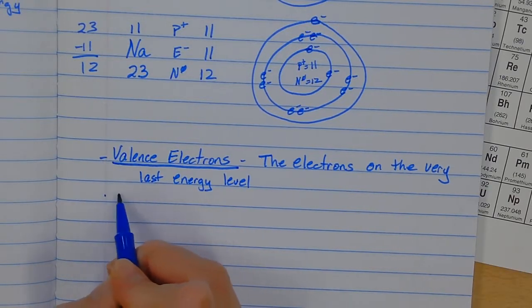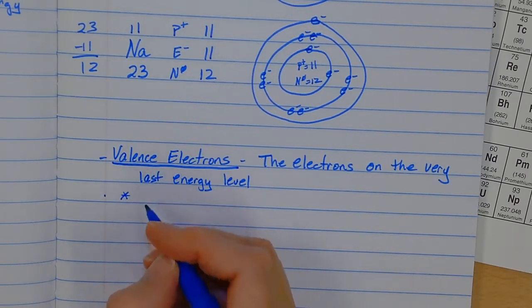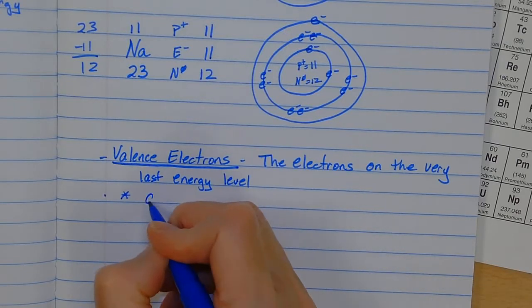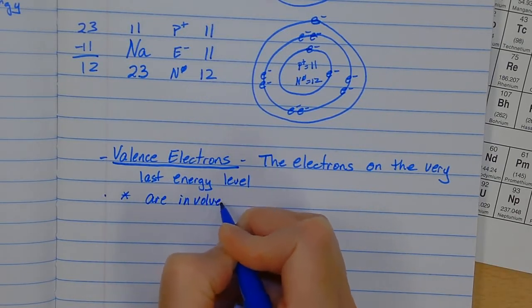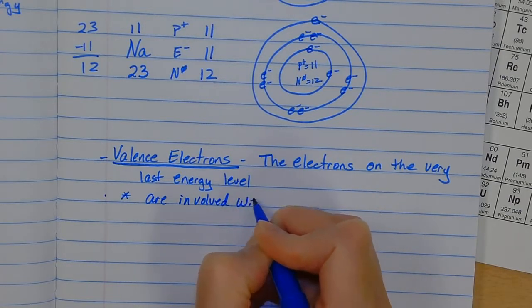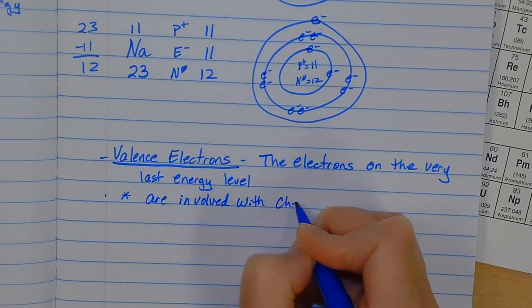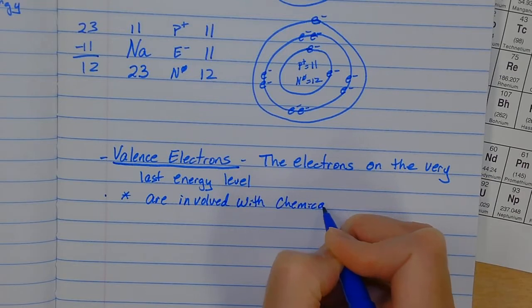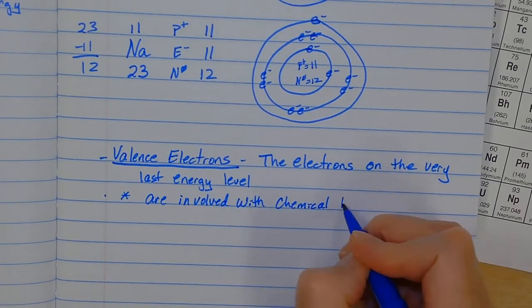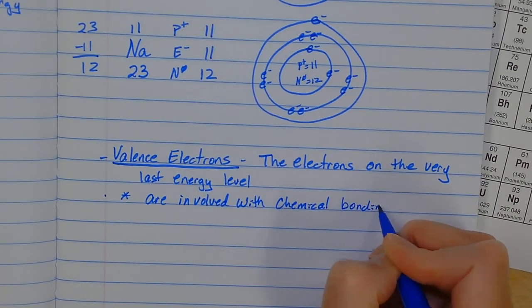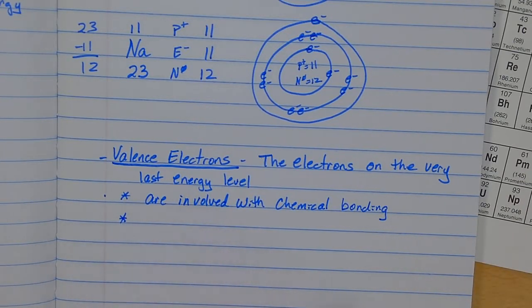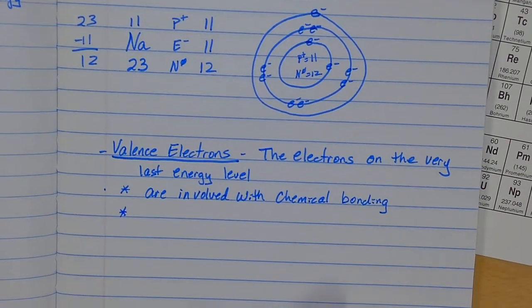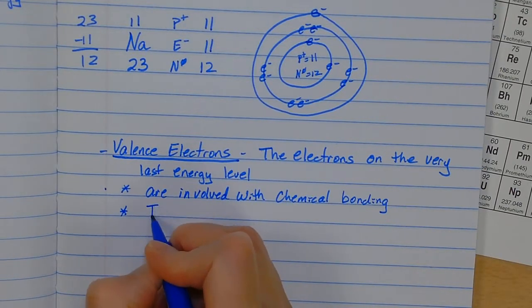Valence electrons are involved with chemical bonding. You could say chemical reactions, but chemical bonding. And there's a maximum number of valence electrons an atom can have. They can only have 8.